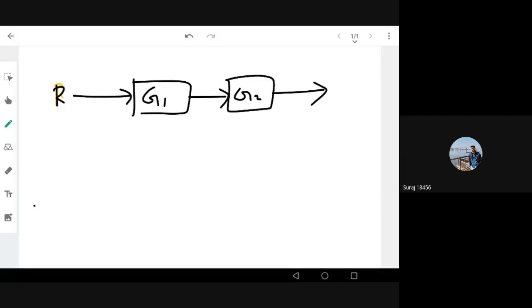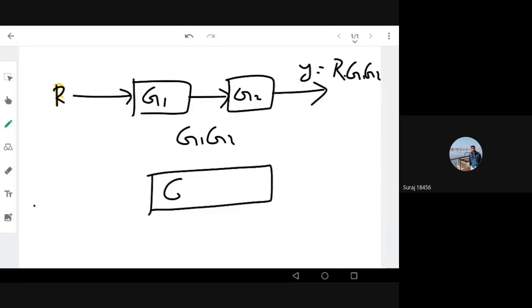So your output is the overall gain. You know G1 into G2 will be the overall gain, and your output will be y equal to r times input into g1 into g2. You have seen, right? So the net result we can say, the simplified block diagram is g1 into g2, right? Input is r, output is y.